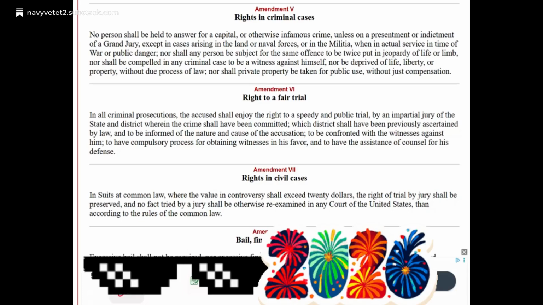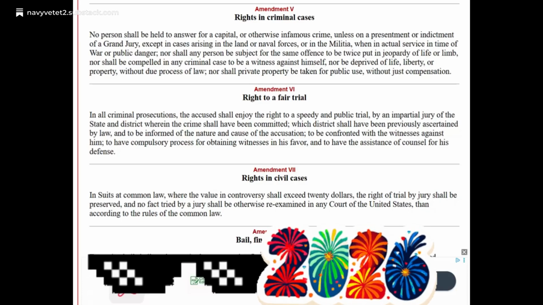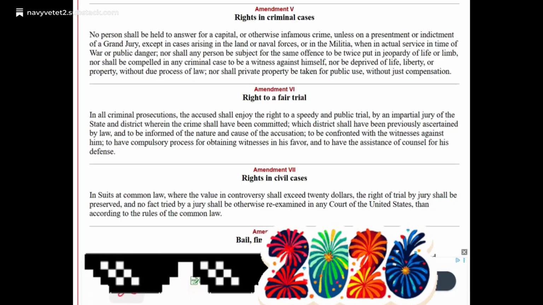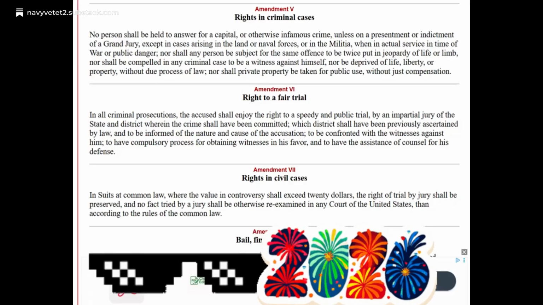Those serving in the military are not afforded the protection. They are to be tried in a military court, which sets its own rules and judicial procedures.